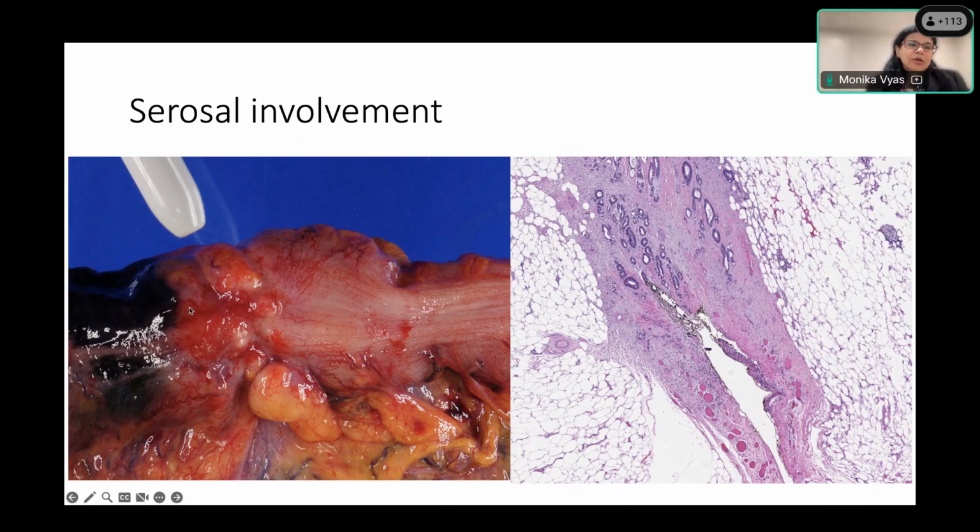And it's not necessary that in all of this puckered area you will have serosal involvement. It could be very focal in this area. So you need to sample it properly.